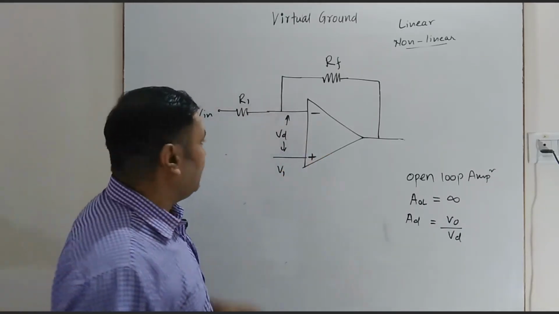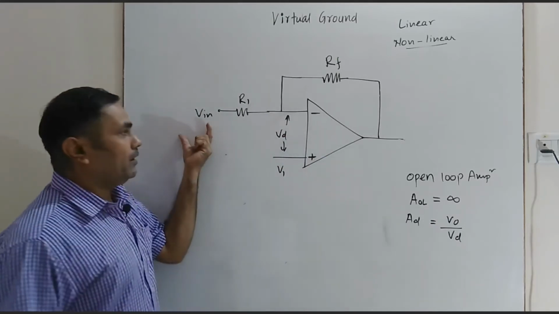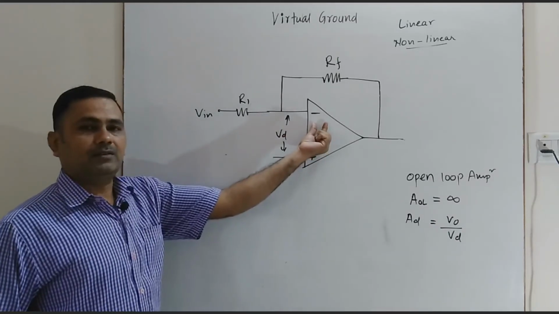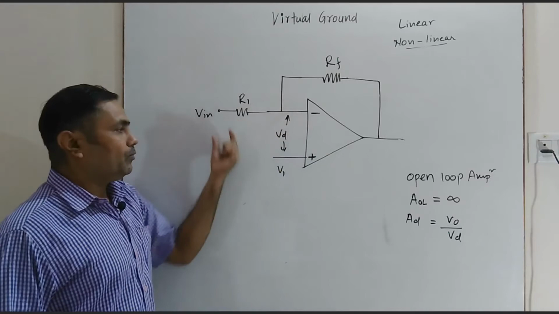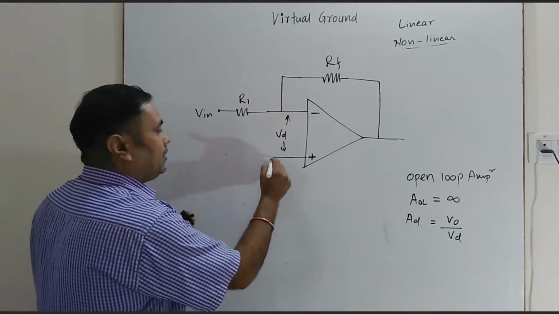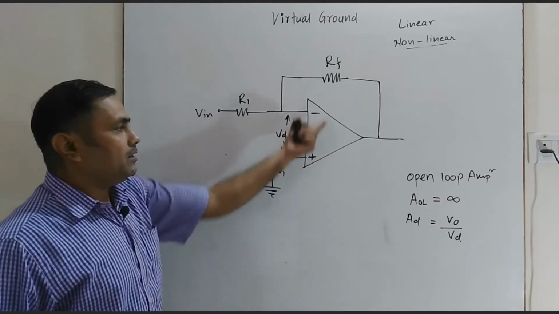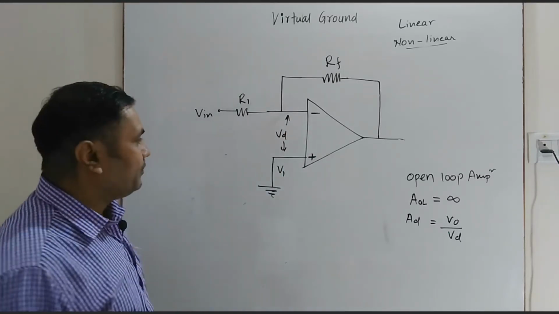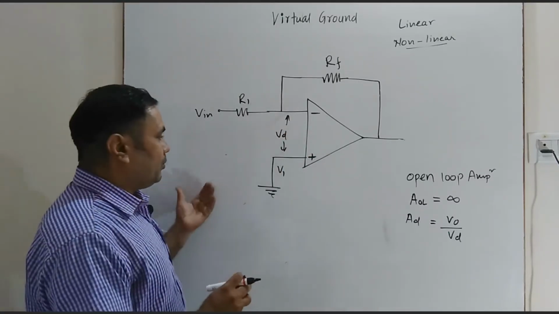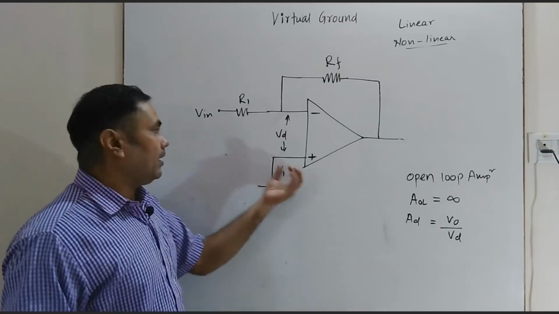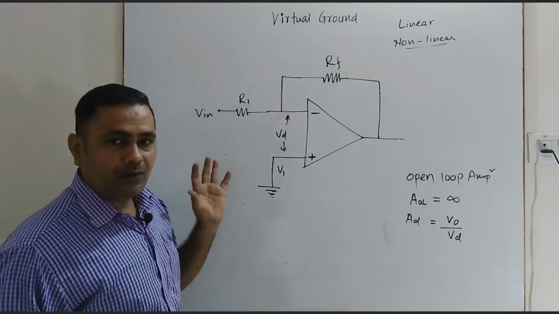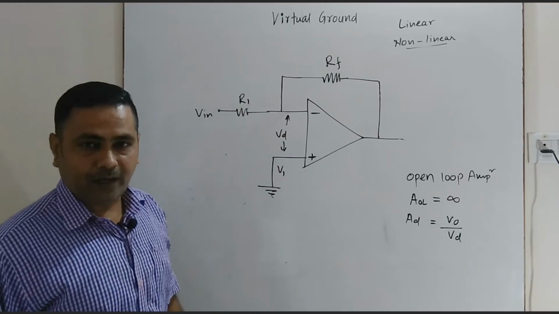Inverting amplifier means when the input signals are connected to the inverting input terminal, and the non-inverting terminal is not used and it is grounded, then this application is the inverting amplifier. Vice versa, if the input is connected to the non-inverting terminal and the inverting terminal is grounded, then that amplifier will be a non-inverting amplifier.